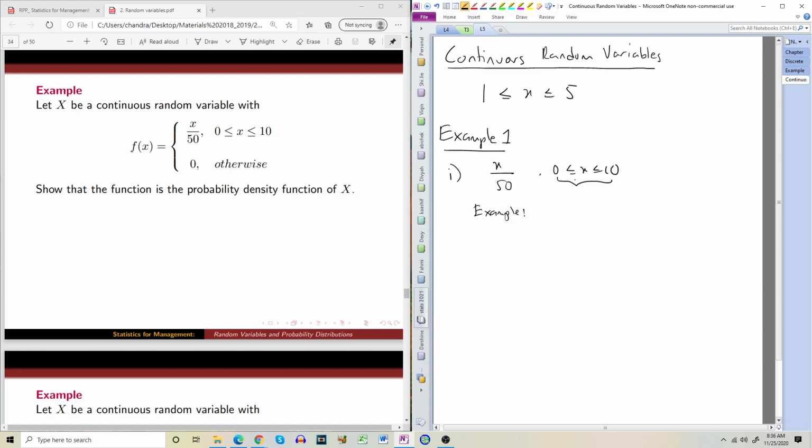If you choose any value, let's say you choose 0, replace here. What is your f(x)? 0, isn't it? If you choose 1.5, because here is continuous, you can have decimal numbers. If we choose 1.5, what do you get?